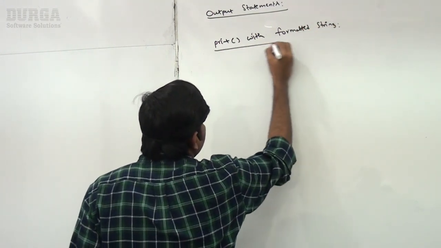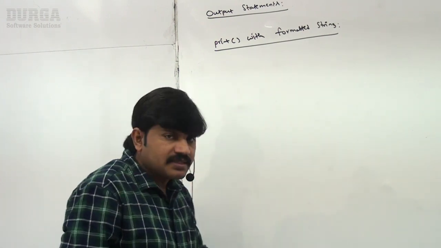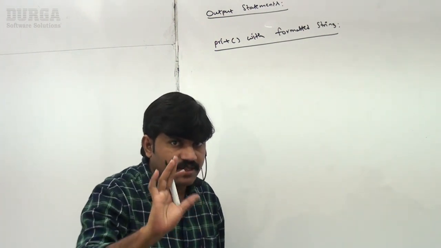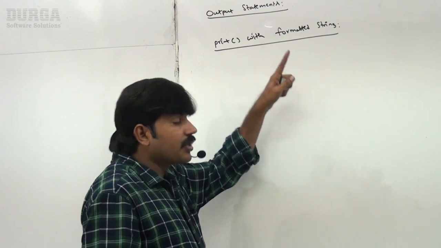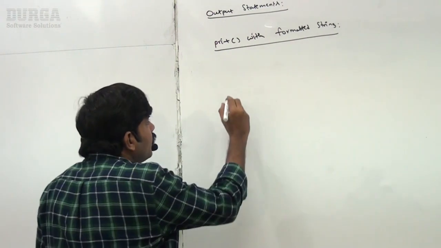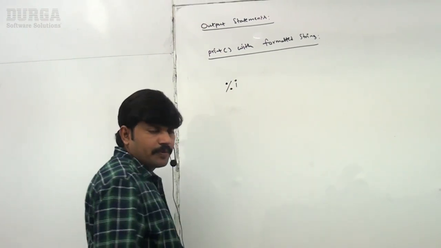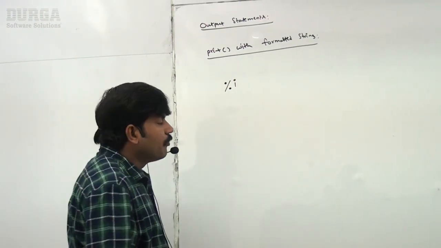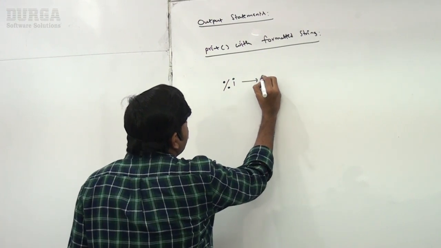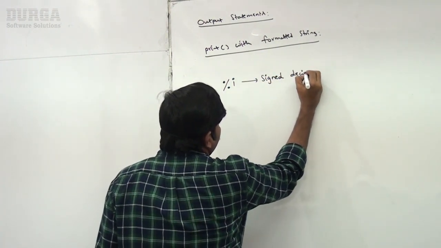Now here, how you can use it, what is the syntax, with multiple examples I will take care. In the string concept we may discuss in detail, but get the basic idea. If I take %i, you people may be aware %i means signed decimal value.